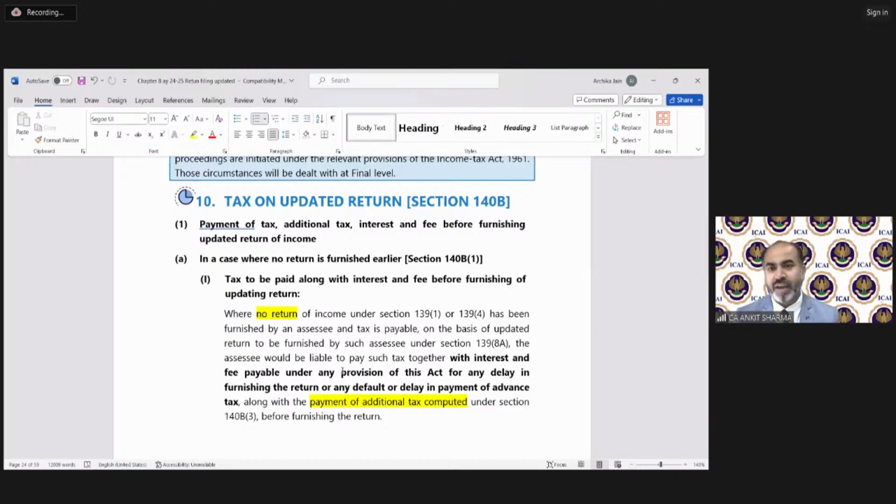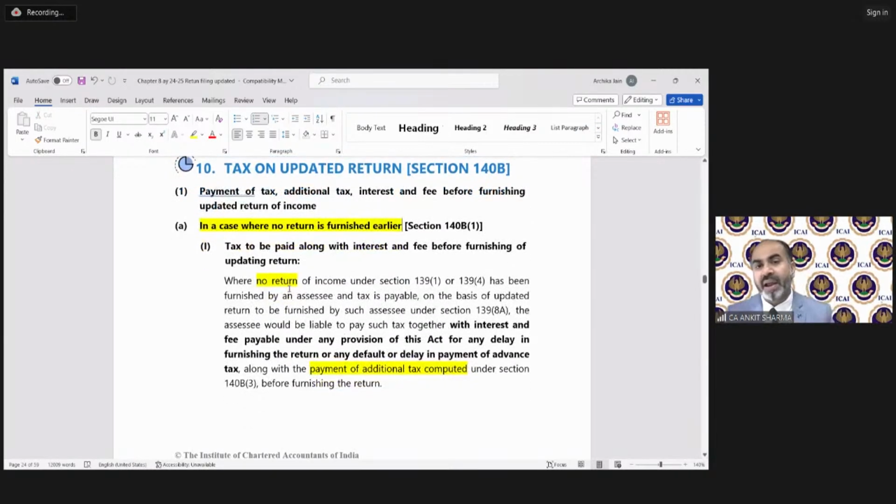Tax on updated return: whatever additional income you show, whatever tax liability or interest liability arises, you have to pay the tax. For payment of tax, there will be tax, interest, fee, and additional tax also. So there are two circumstances in which no return was earlier filed. Tax is to be paid along with interest and fee before furnishing the updated return.